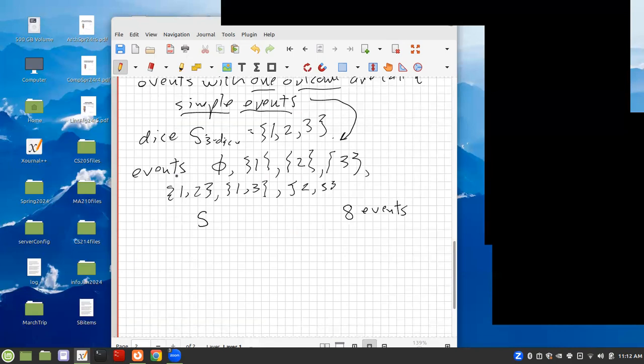So once we have events, we can choose a probability model.